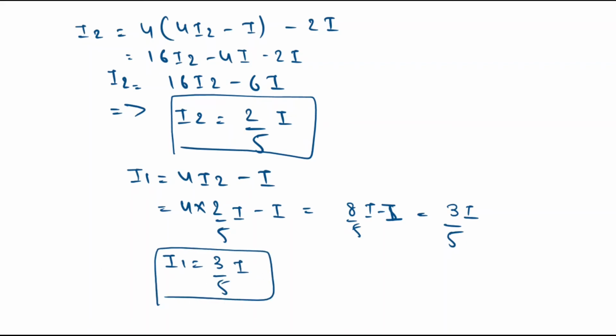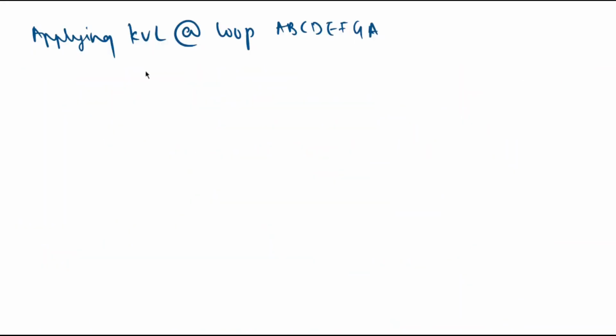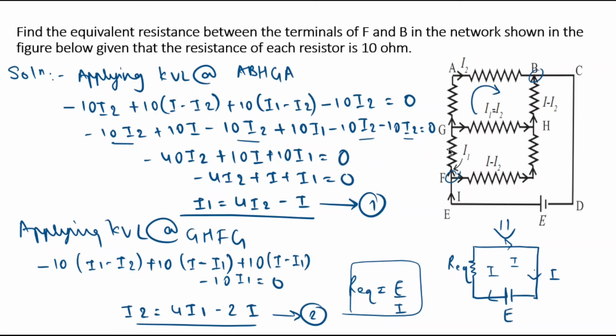Now keeping the values of I1 and I2 in mind, let's apply KVL again at loop A, B, C, D, E, F, G, A. So we get minus 10 I2 minus 10 I2 plus E. You can refer to this diagram.